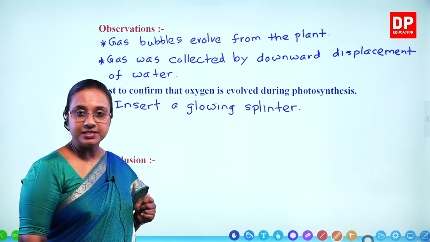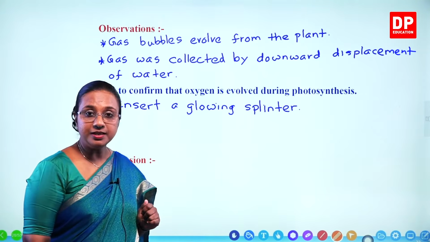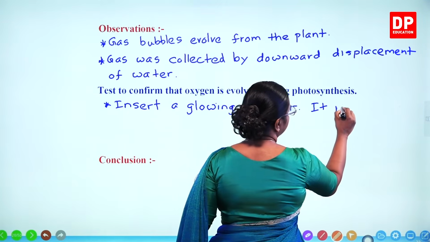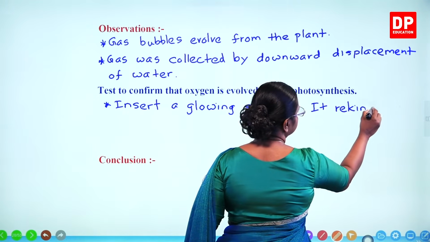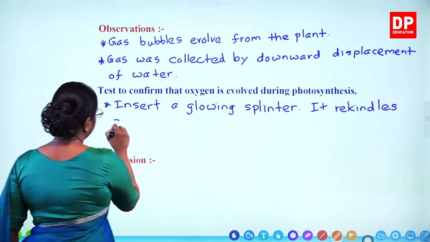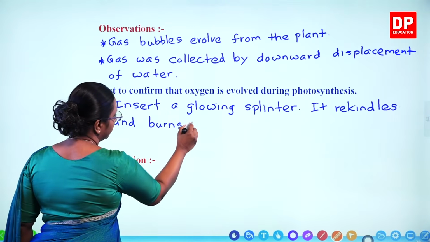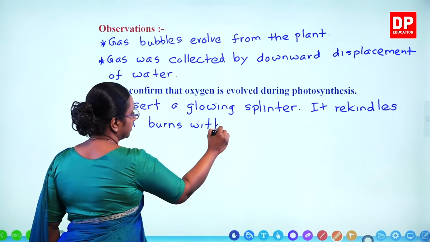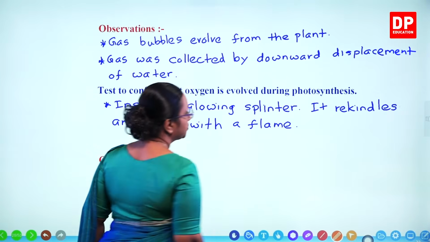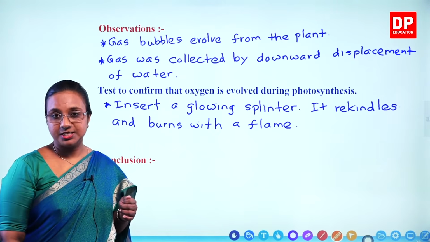So that is the test, a very simple test. And what do you see? It rekindles and burns with a flame, so that we can confirm it is oxygen gas.